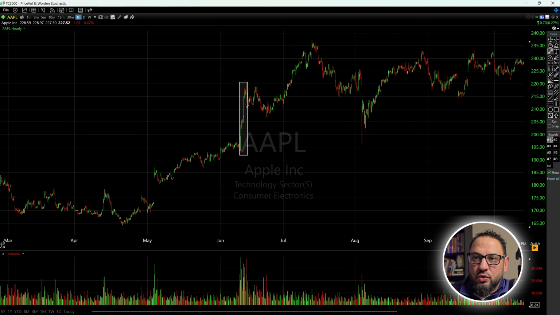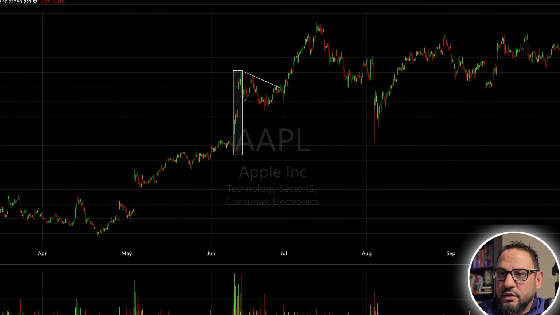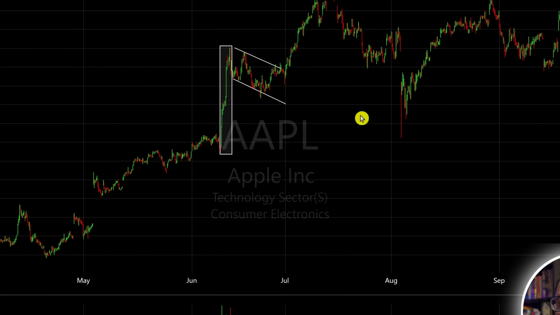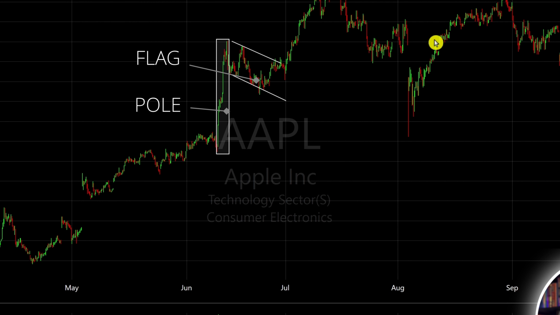So that is the pole, and that is the flag. And that is a bullish sign. So the psychology behind it reflects traders taking profits after the initial rally.